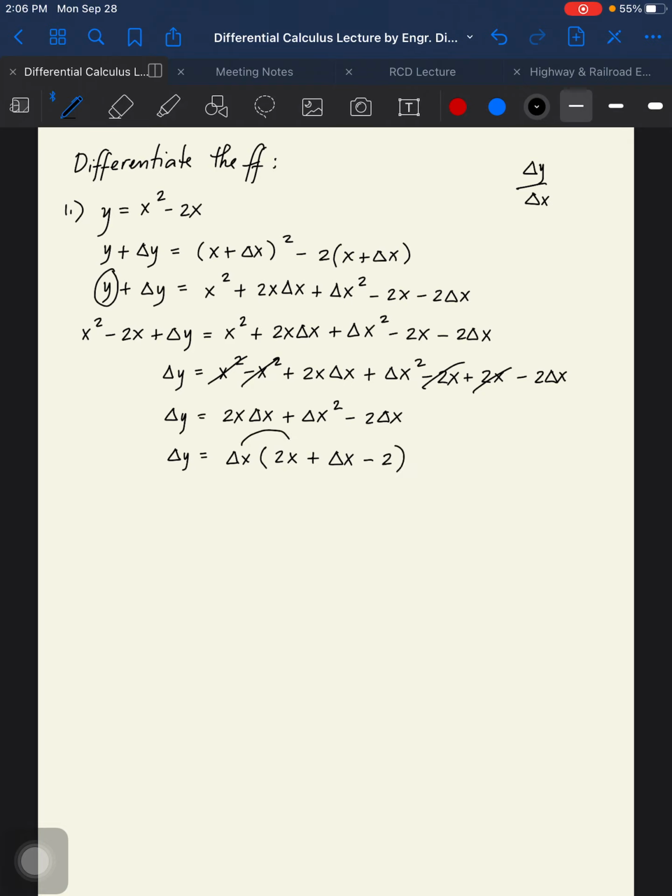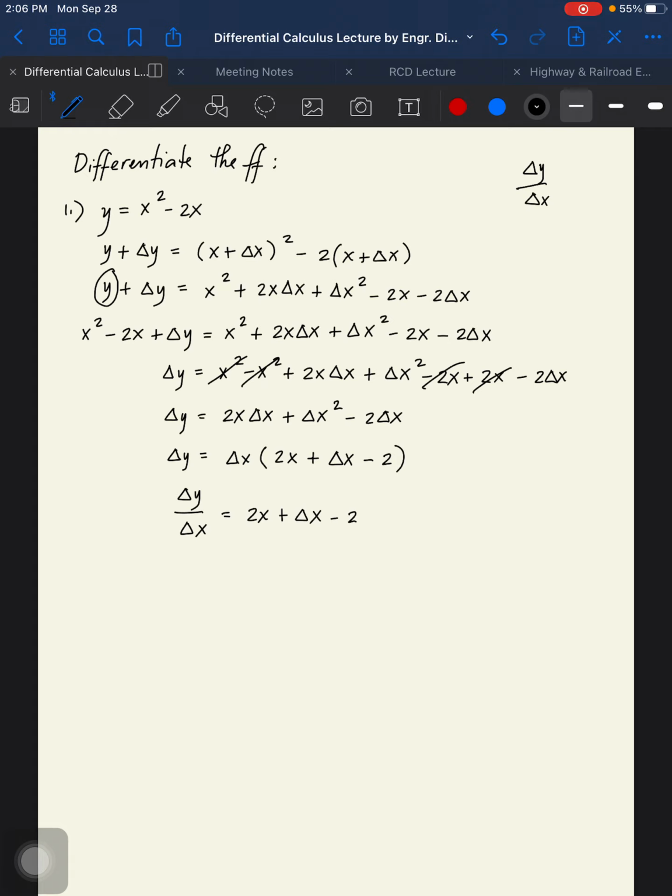So that if we distribute delta x inside the parentheses, we will still arrive at the same equation. Okay? Now finally we get the ratio delta y over delta x equals 2x plus delta x minus 2.